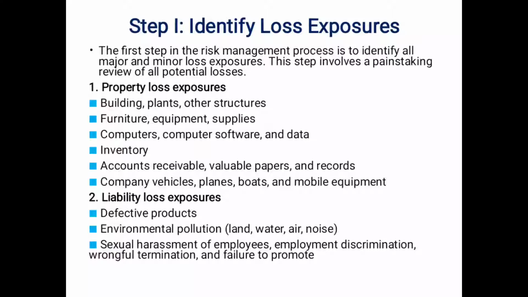So there is also a possibility of loss. Then inventory. What are all the inventories you have? The materials you have kept. Then accounts receivable, valuable papers and records. See, they are also property. You are keeping all the receipts, those books. Sometimes a loss may occur to that also.